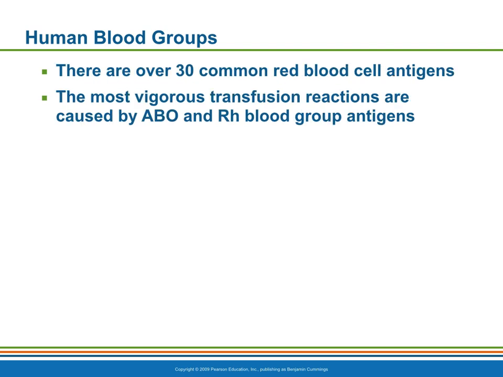There are over 30 common red blood cell antigens in humans, so each person's blood cells can be classified into several different blood groups. However, it is the antigens of the ABO and the Rh blood groups that cause the most vigorous transfusion reactions.